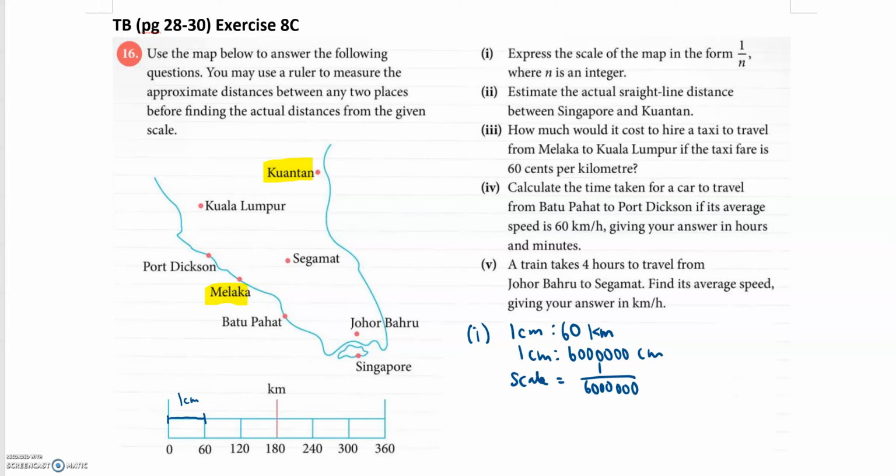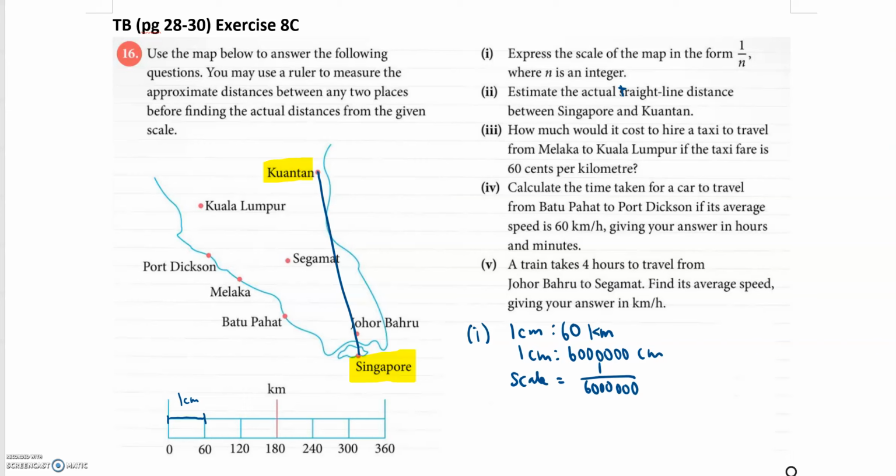For part 2, we want to estimate the actual straight line distance. There is a typo here, it should be the straight line distance between Singapore and Kuantan. Like the example I gave previously, I will take a ruler and join up the 2 points representing Singapore and Kuantan.